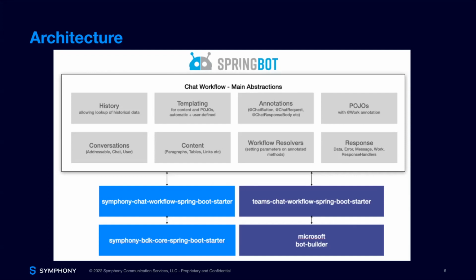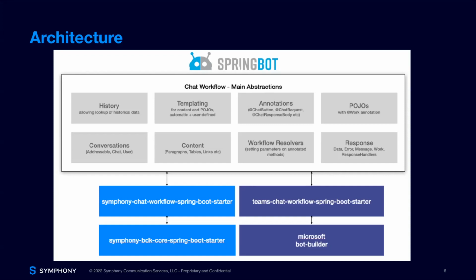As this diagram shows, at the top we've got these abstractions that we provide in Spring Bot, and below that we've got a layer which includes the Symphony chat workflow Spring Boot starter and the Teams chat workflow Spring Boot starter, and they translate all of these abstractions into the underlying libraries. We are building our Spring Bot library on top of the Symphony BDK and the Microsoft Bot Builder framework.